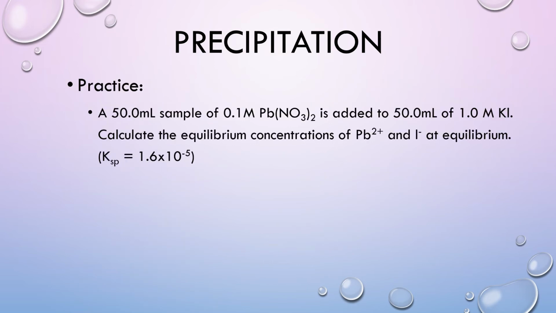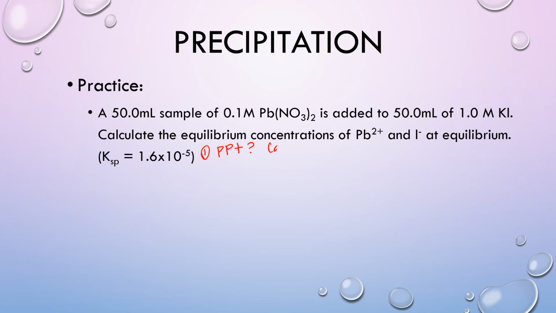So let's do an example. We are told we have a 50 milliliter sample of lead nitrate added to 50 milliliters of potassium chloride. Calculate the equilibrium concentrations of lead and chlorine at equilibrium. So first thing we're going to do is determine, will this even precipitate?